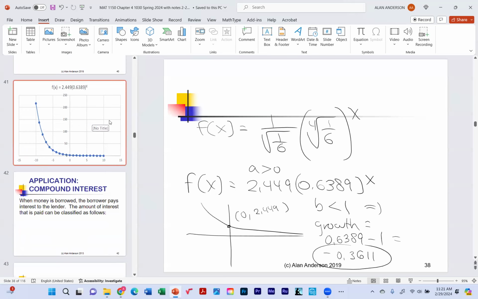Okay, now we're going to introduce a very interesting application of all this, and this involves something called interest. Interest is something that will affect every aspect of your life going forward. That's because it determines the cost of borrowing and the rate of return from investing.